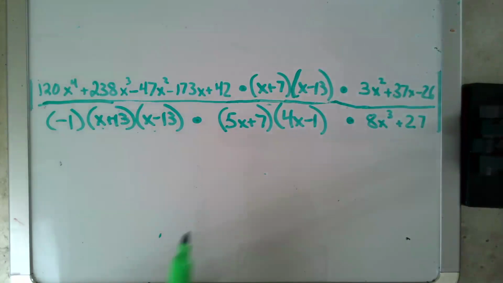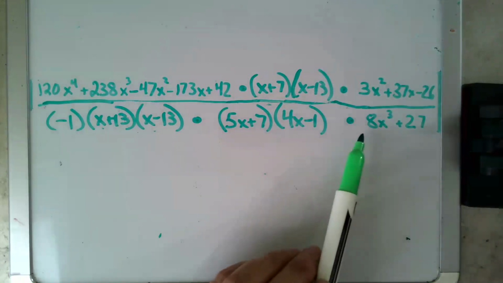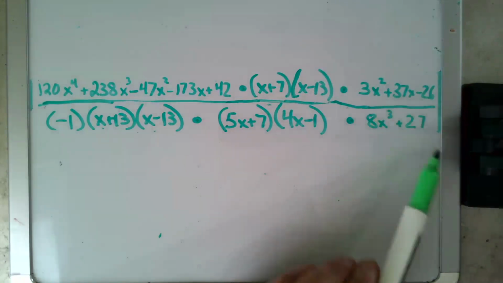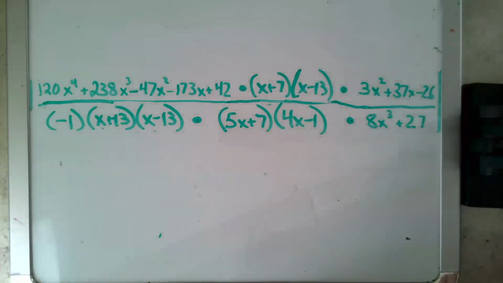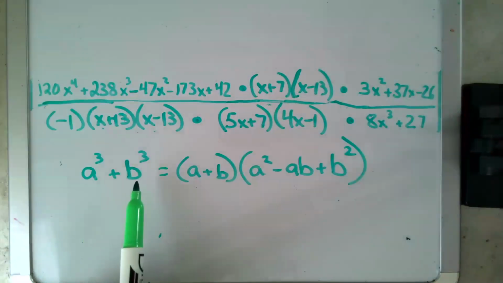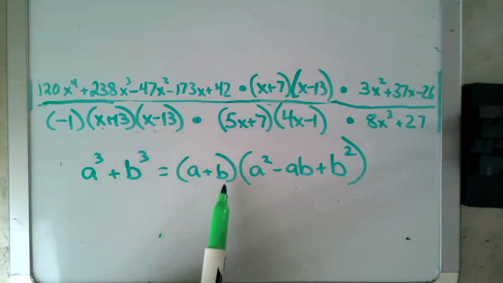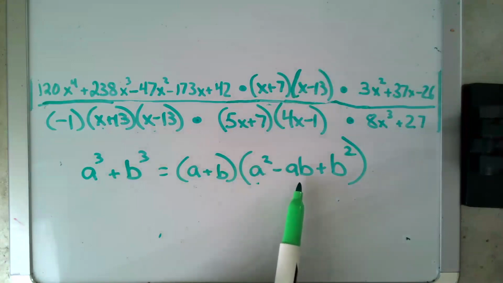Okay, let's keep going. If we look in our denominator here, 8x to the third plus 27, that should be ringing some bells. Anybody? Yes, that is a sum of cubes. If you are not familiar with this, go check out this video. Otherwise, let's remember the following. a cubed plus b cubed factors into a plus b times a squared minus ab plus b squared.